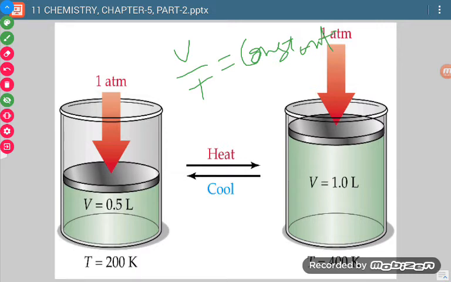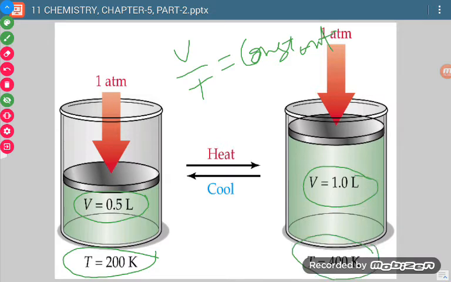Now see, this is the volume when temperature is 200. So when I will write 0.5 divided by 200, then it will have the same value as I will find here, 1 divided by 400. Okay, so these are initial conditions and these are final conditions. Okay, so V1 by T1 is equal to V2 by T2, and here pressure was constant and amount of substance was constant.